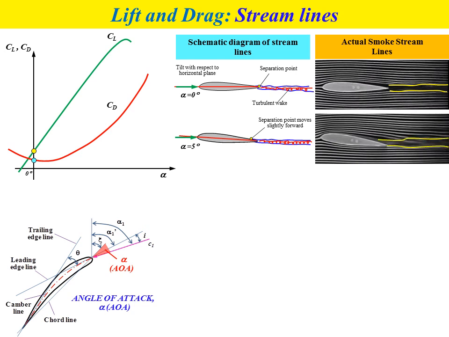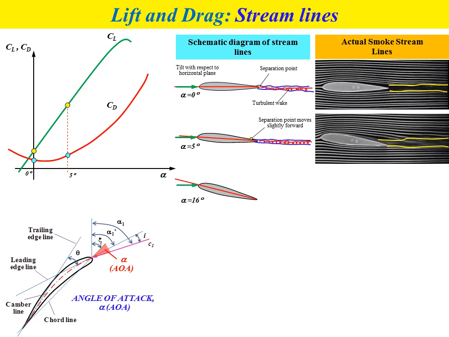We can see clearly from the actual photo the change of the separation region, or turbulent wake region. If you look at 5 degrees on the CL/CD versus alpha graph, the value of CL increased drastically. However, the value of CD, the drag coefficient, increased only slightly.